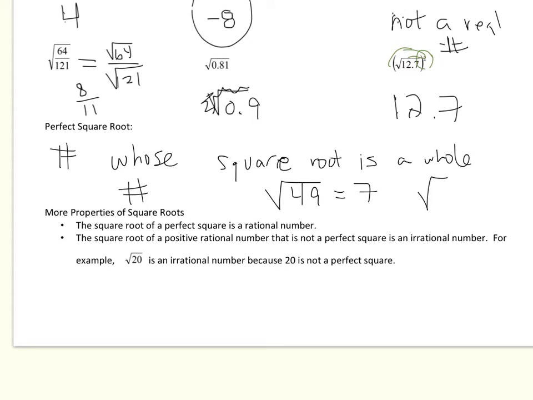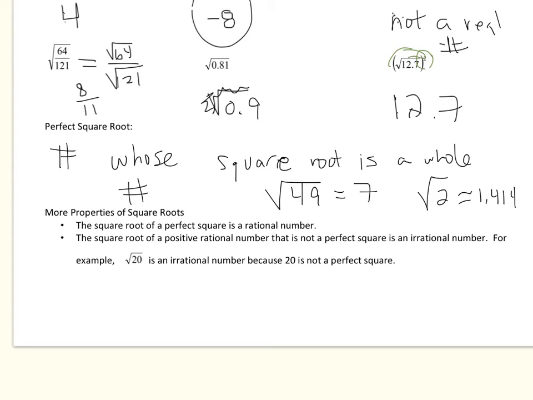But the square root of 2 is not a perfect square root because the square root of 2 is some kind of decimal number, something like 1.414. You could obviously evaluate these with a calculator, but the ones that come out nice numbers are perfect square roots and the other ones are not.